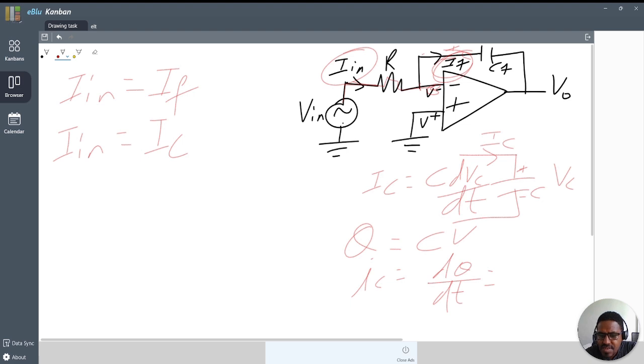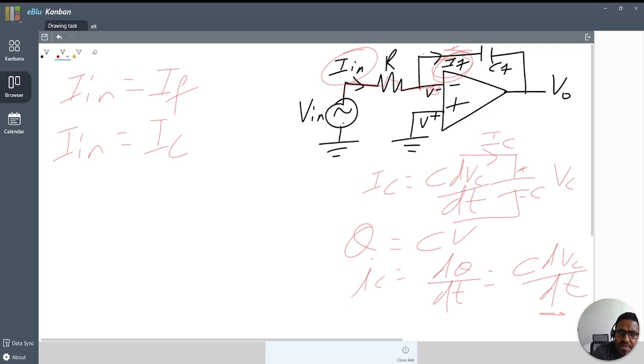That means C of dVc over dt. This is the current of a capacitor: change of voltage over change of time. So this value is IC.